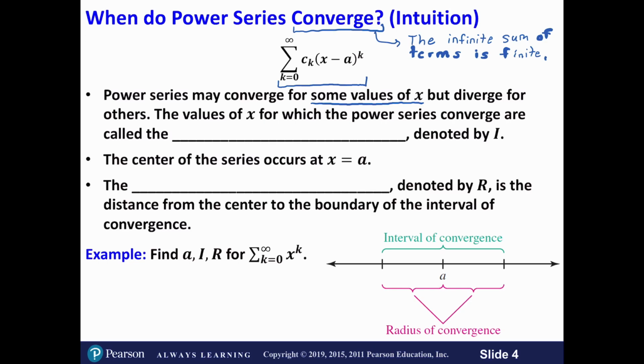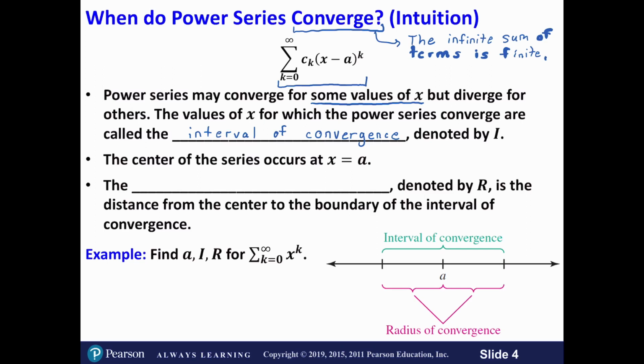The values of x for which the power series converge are called the interval of convergence. Pretty intuitive name. And that interval of convergence is denoted by I.